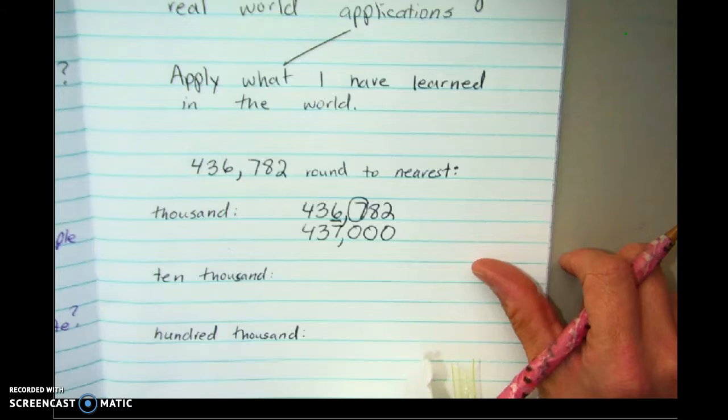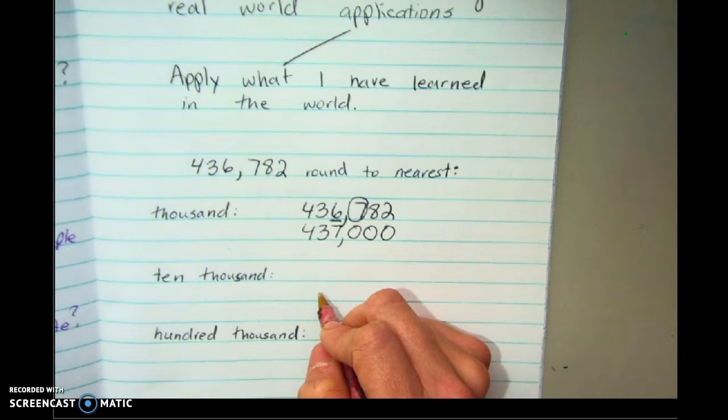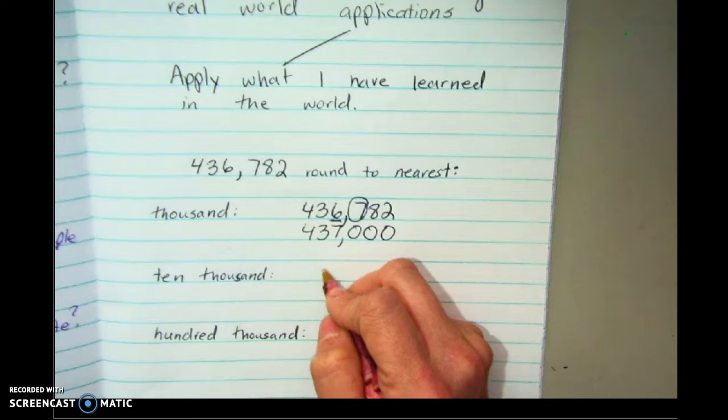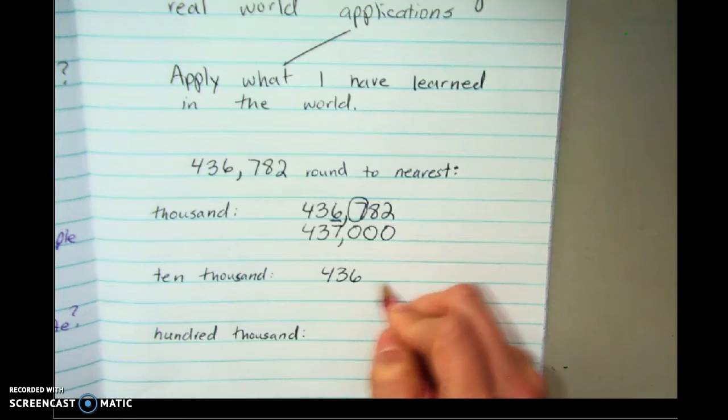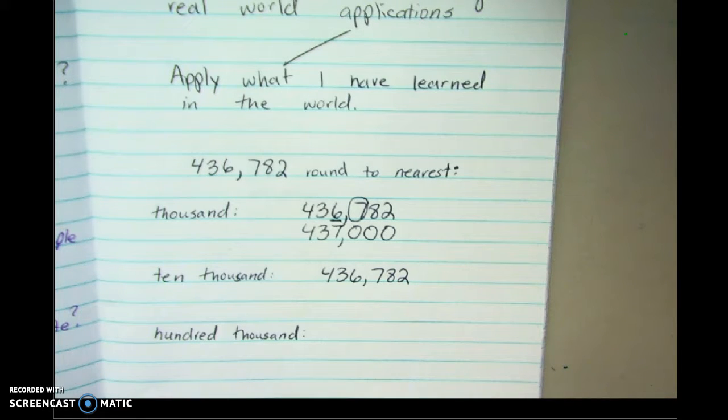On the next problem, let's go ahead and do that too. What's the first strategy? Write down the number. Write down that number. Woo-hoo! And then I'm going to underline that place value.